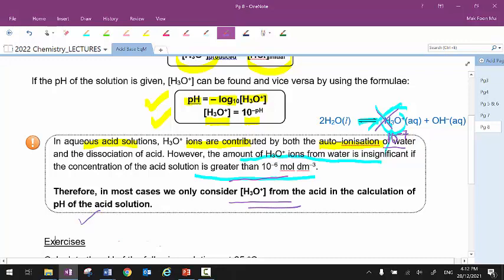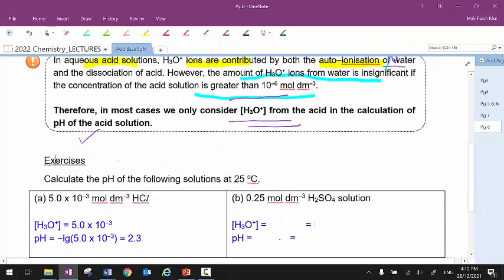Let's see some exercises here. The first one is done for you. For example, you are asked to calculate the pH of 5 times 10 to the power minus 3 mole per dm cube of hydrochloric acid. You can see this concentration is more than 10 to the power minus 6. HCl is a strong acid, very important, a strong monobasic acid.